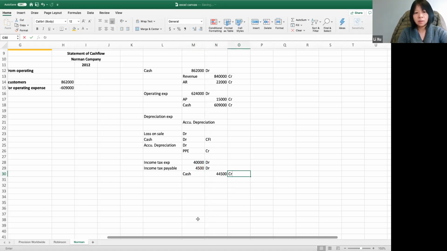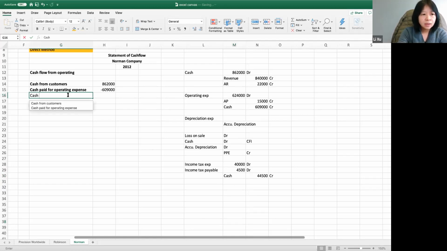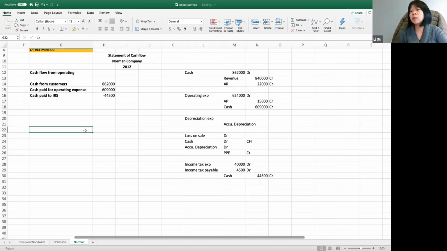Okay, perfect. And you can see here you have a cash payment, and that will be cash paid to IRS. Make sure you put a negative number here. You can see here why we call this a direct method, because you directly explain where the cash goes.